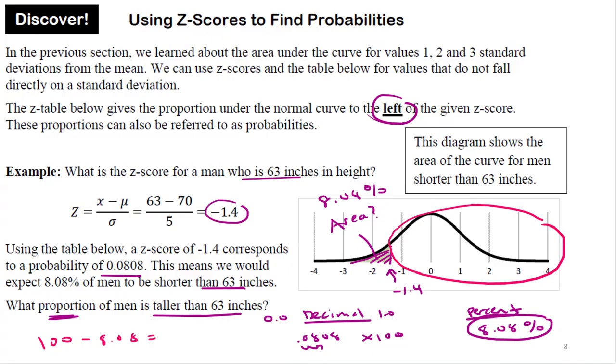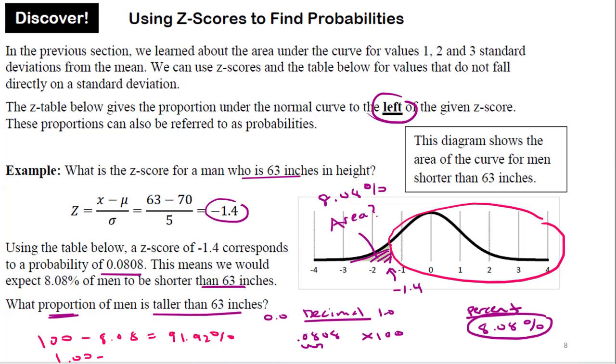So when we do that, we get 91.92%. Or in decimal form, 1.00 minus 0.0808 is equal to 0.9192. And notice I don't put a percent there because I'm not referring to a percent. This is just in decimal form. But anyway, either one of these is correct.